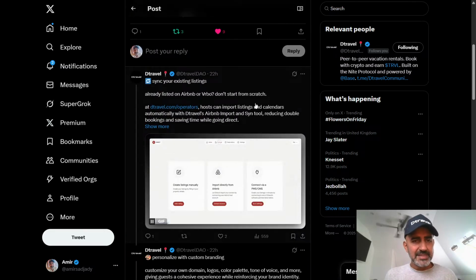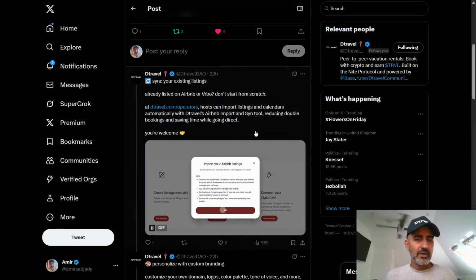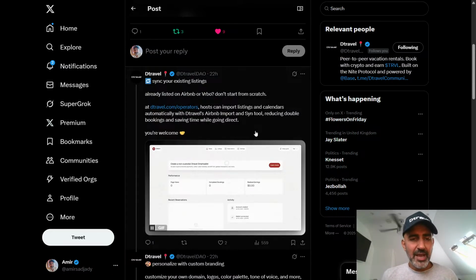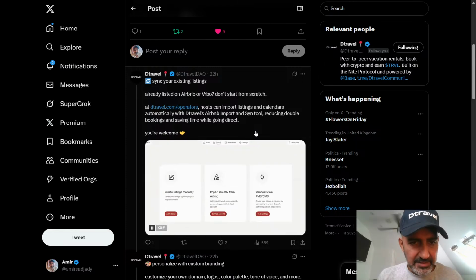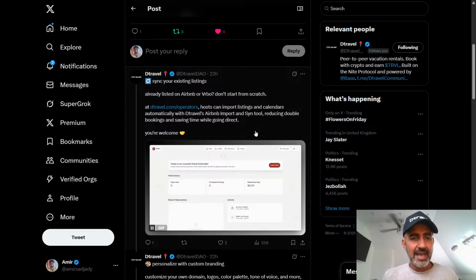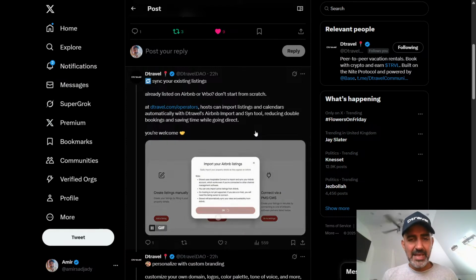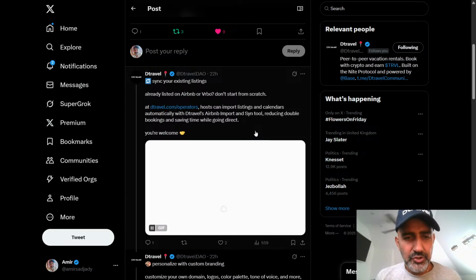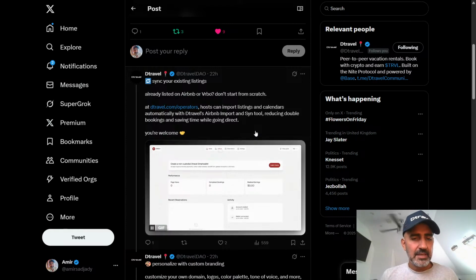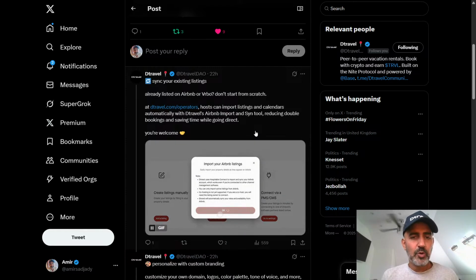Number one, sync your existing listings already listed on Airbnb or Vrbo. Don't start from scratch. At this link, operators and hosts can import listings and calendars automatically with Dtravel's Airbnb import and sync tool, eliminating double bookings and saving time while going direct.